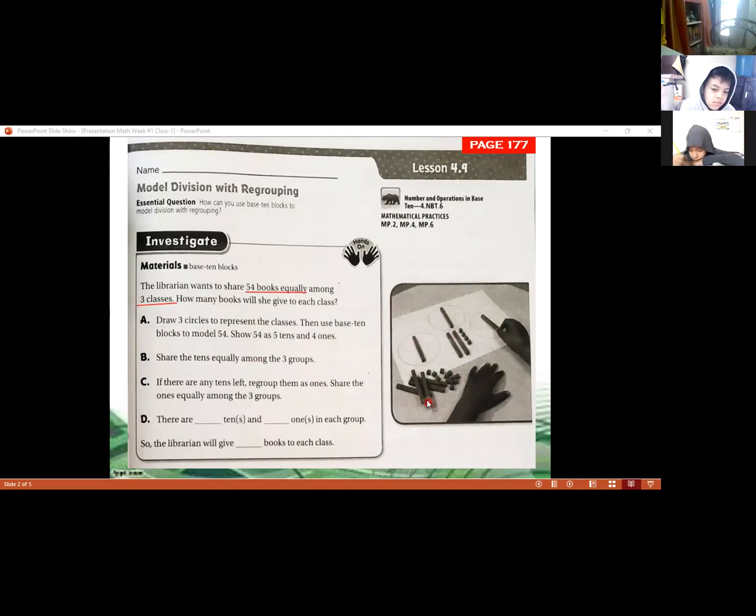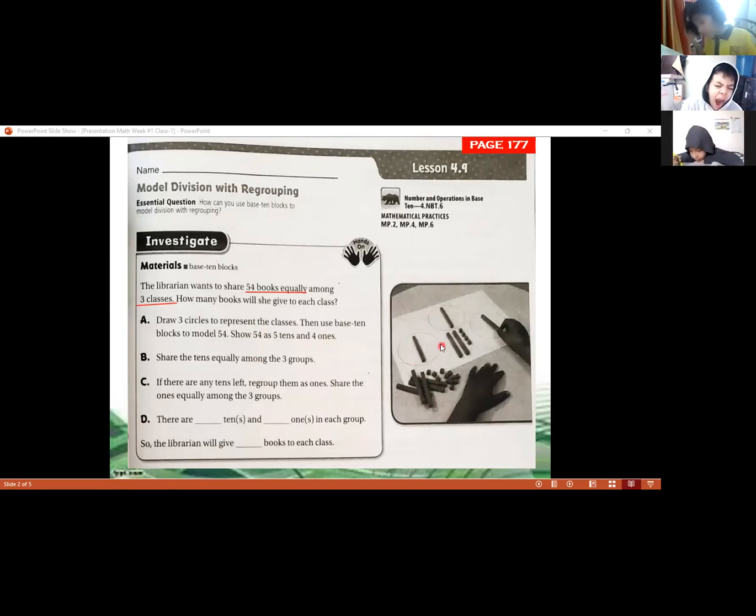What do you see here? These blocks. Show the 54 as 5 tens. Remember, according to the place value chart, the 5 is on the tens and the 4 on the ones. So we show the 54 as 5 tens and 4 ones. That is an easy way to represent.